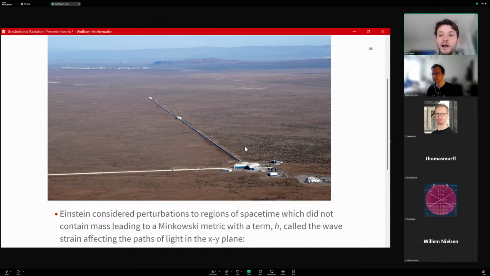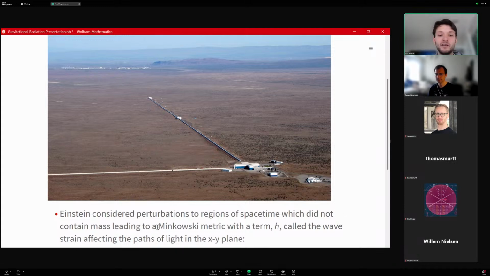So yeah, the way that Einstein came up with these solutions is he considered small perturbations to regions of space-time which didn't have any mass in them. He had already come up with the theory of special relativity, which describes those kinds of space, called flat space, where there's no mass and therefore no curvature.